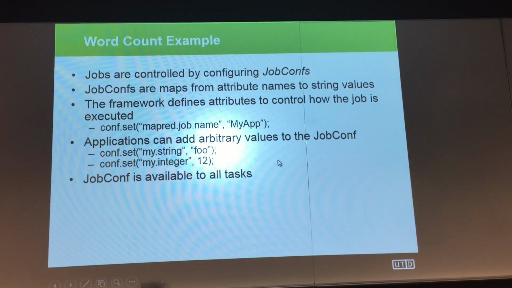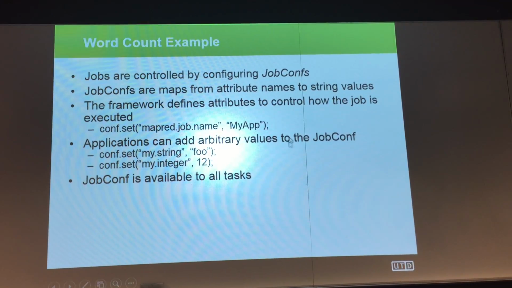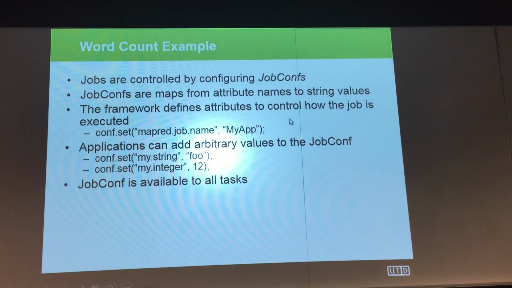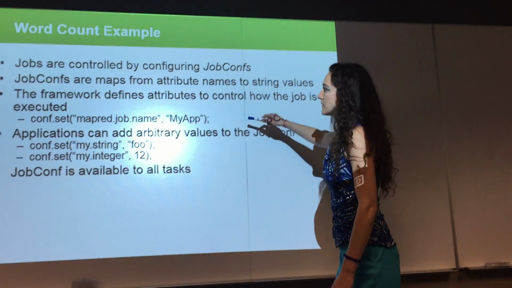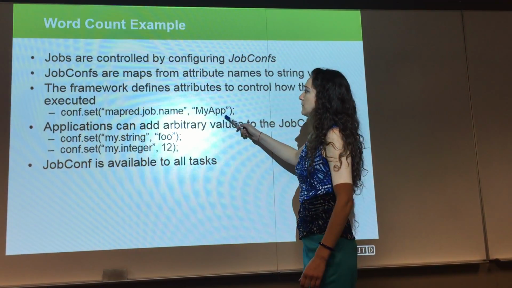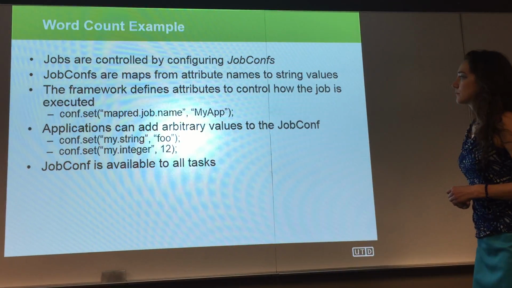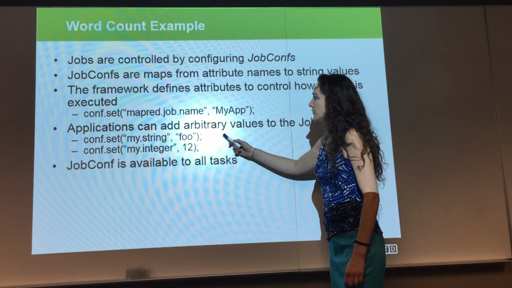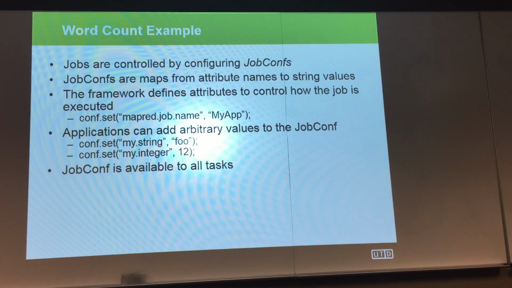Some parameters need to be configured to run this, because the framework defines some attributes that control how the job is executed. So in the configuration, set the job name; you have to give a name to your job. The applications can give arbitrary values to this job, and the job is available to all the tasks.